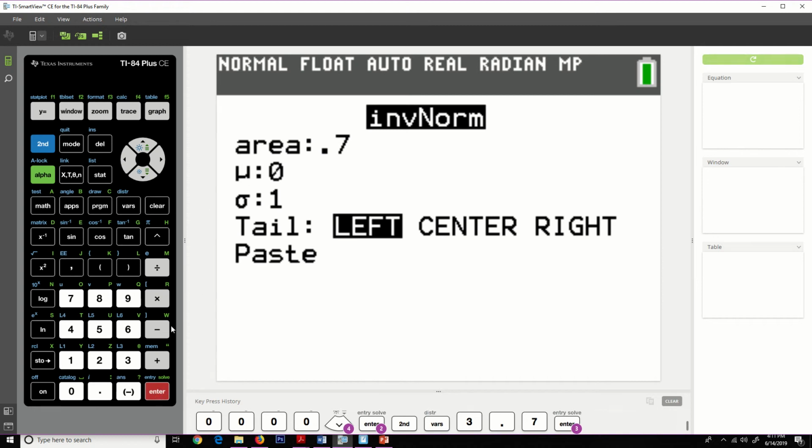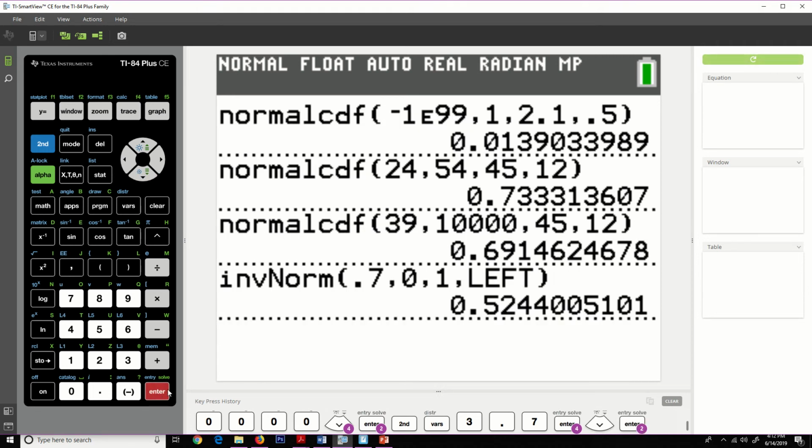If you have the TI-84, you can do left, center, right, but I think the TI-83s only do left, so with the next one we may have to fiddle with the numbers a little. I go down, paste that in, and hit enter. With 70% of the area to the left, we have a z-score of 0.5244.